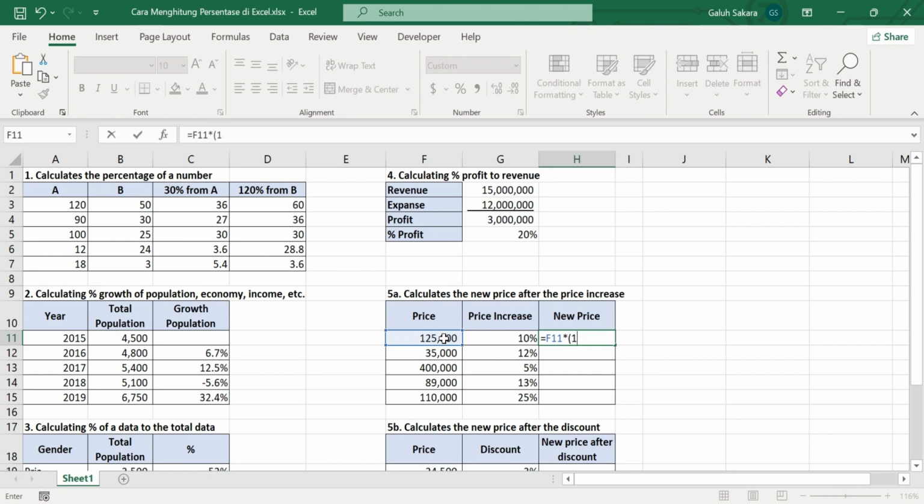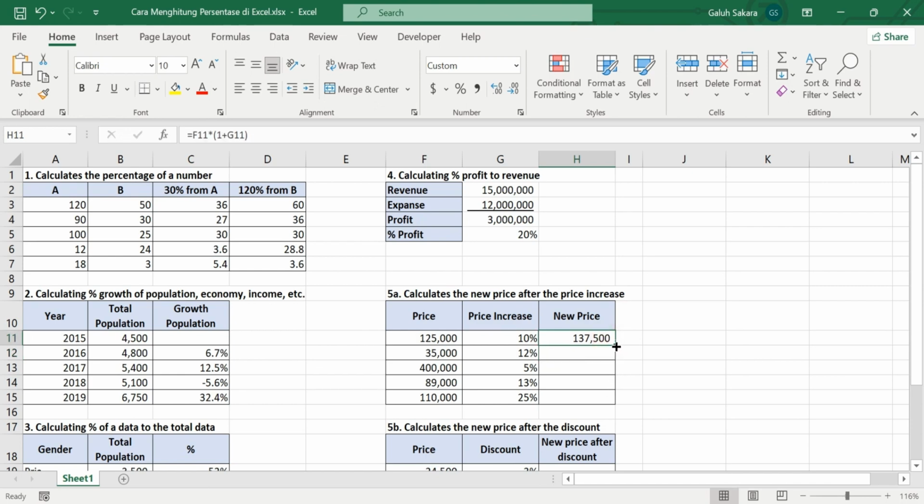137,500. Okay, sorry, it's 137 thousand and 500. Okay, that's the other method here. Equal sign the price and then multiply, open the brackets, 1 plus the price increase, and then close the bracket. So the result should be the same as the previous formula.